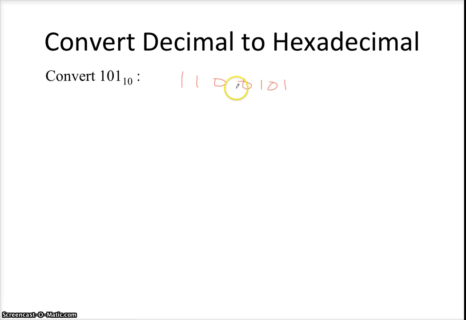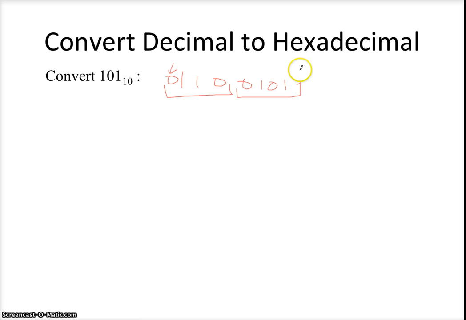Okay, so we're going to group it into 4s here. I'm going to put a leading 0 on there. There we go.